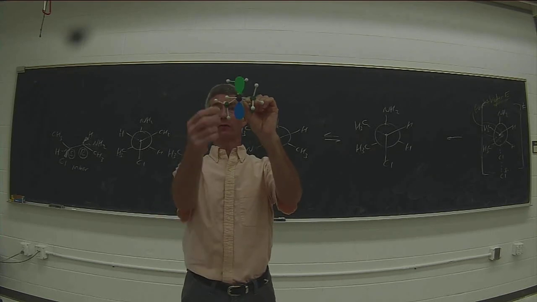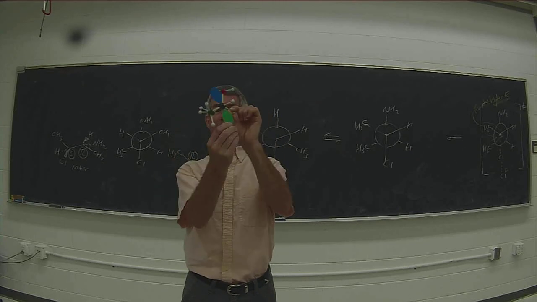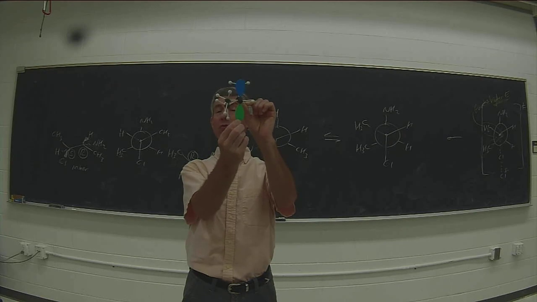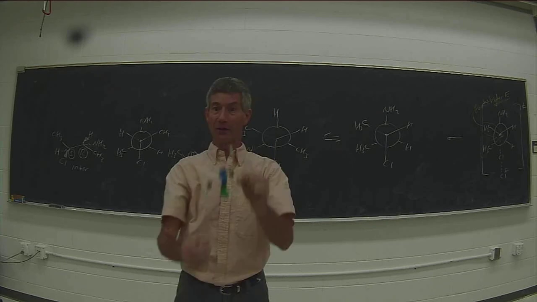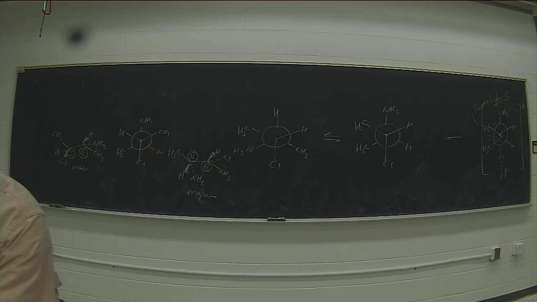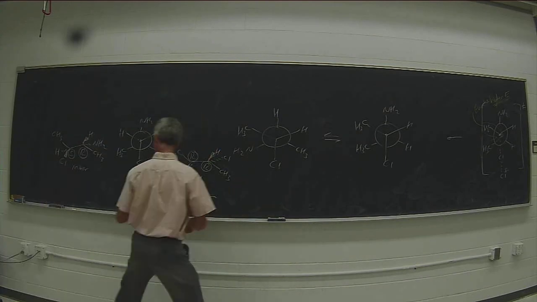So we shouldn't expect the transition state coming from attack at the blue lobe here to be the same energy as the transition state from attack at the green lobe. Those are diastereomeric transition states, and diastereomeric transition states are going to be different energy, and therefore cause some stereoselectivity.